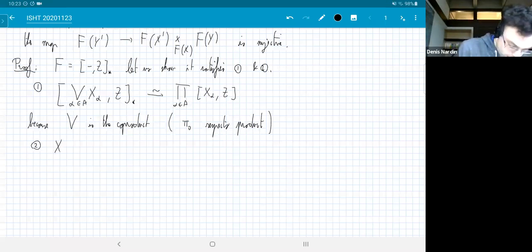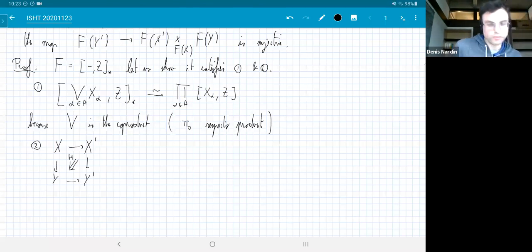So suppose we have our diagram like this, a push-out diagram, and now let me give you a homotopy here. Now, what are the classes of maps from Y prime into Z?